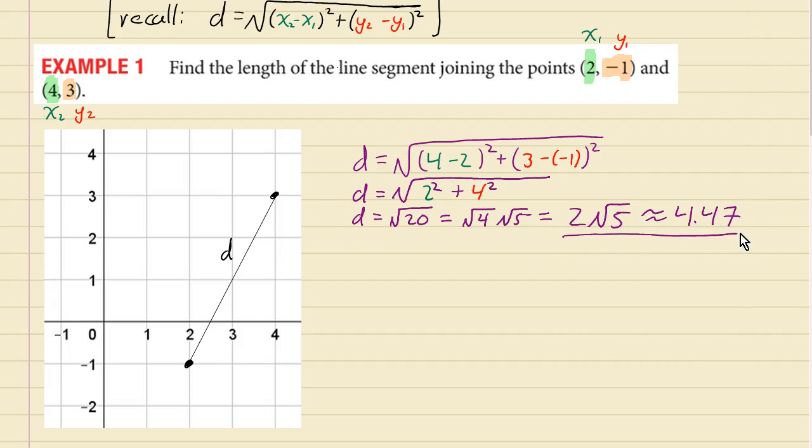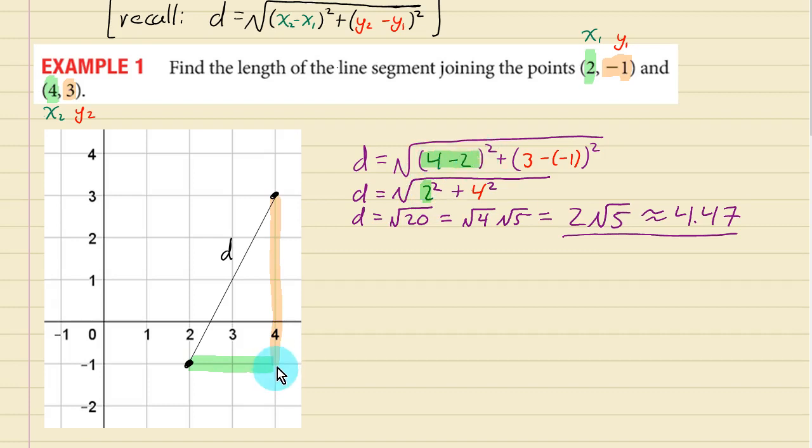Okay, so let's just go over real quick what that has to do with the Pythagorean theorem, because it's important to know the relationship between these two things. So we've got a right triangle here with a horizontal side that has length 2. That number 2 came out in the Pythagorean theorem right there, that 4 minus 2.